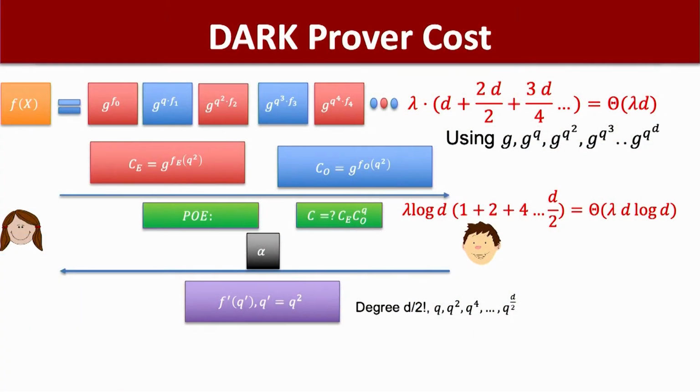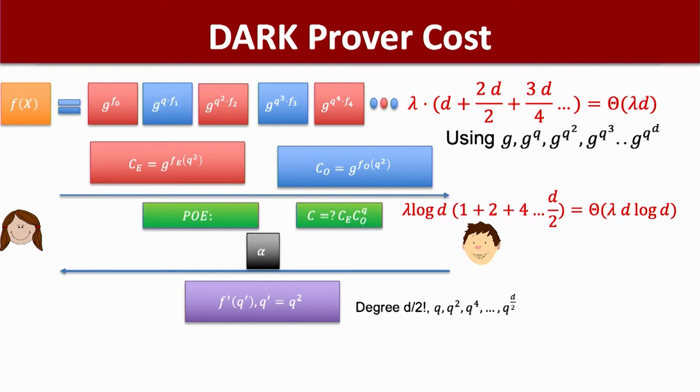Unfortunately, though, there's the second part of computing the PoE. The way that this is done, I cannot, even with multi-exponentiation techniques, even with pre-processing, because I have no guarantee about the smoothness of this quotient.